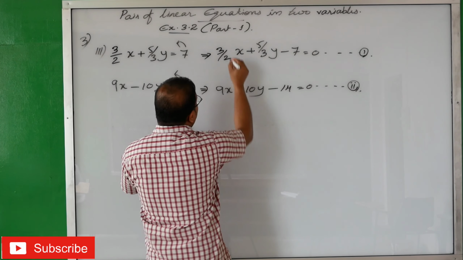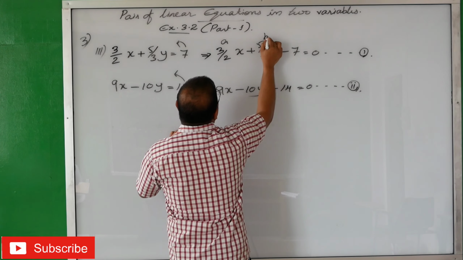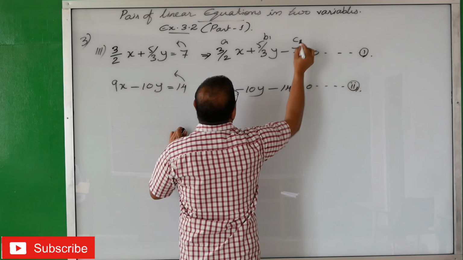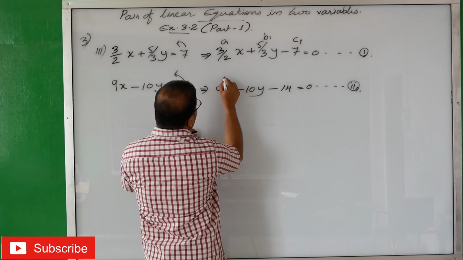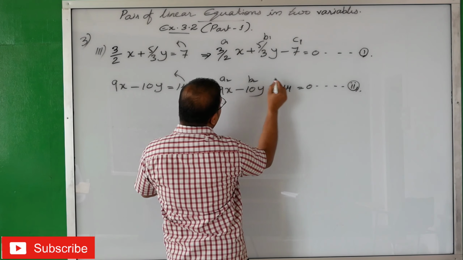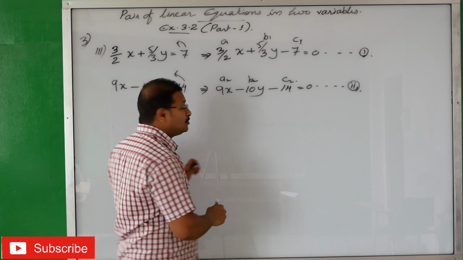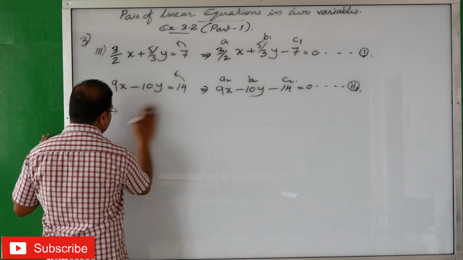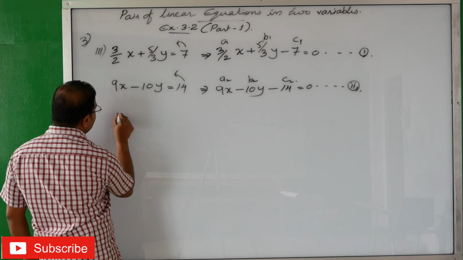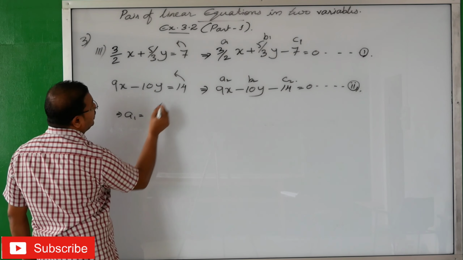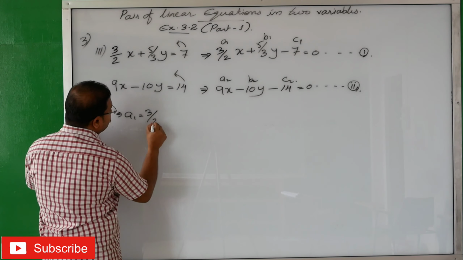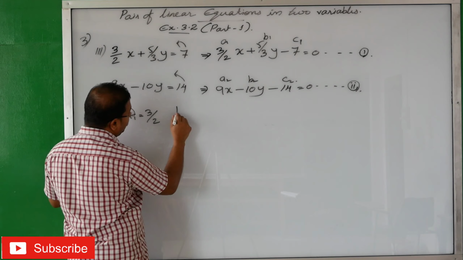Now, from the first equation, we will take A1, B1 and C1. From the second equation, we will take A2, B2, C2, isn't it? So, what is the value of A1? A1 is 3 by 2.